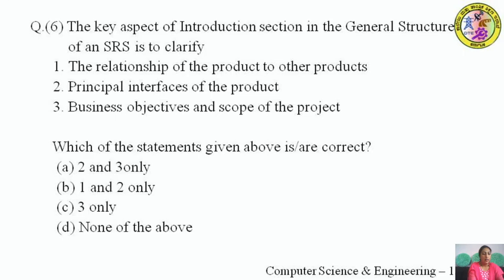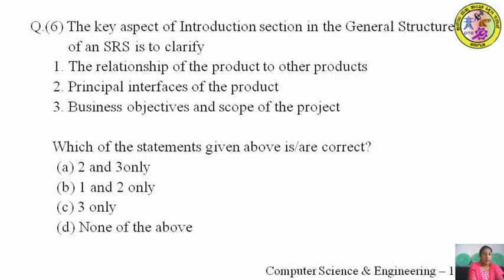The question here is the key aspect of introduction section in the general structure of an SRS is to clarify number 1, the relationship of the product to other products. Number 2, principal interfaces of the product. Number 3, business objectives and scope of the project.